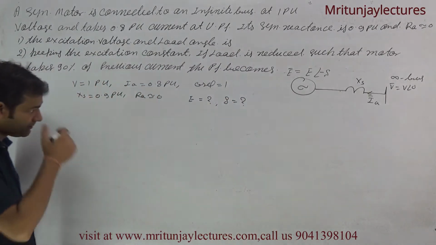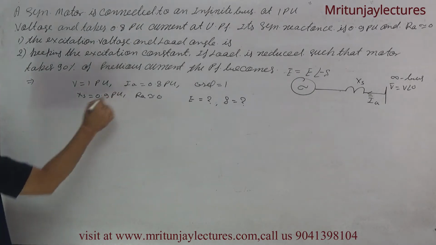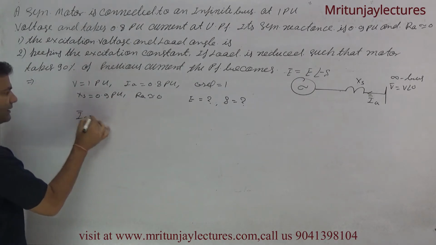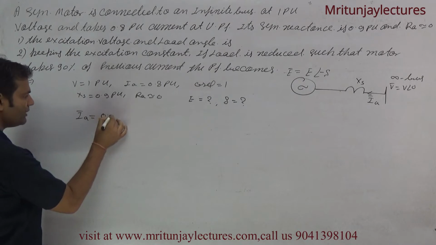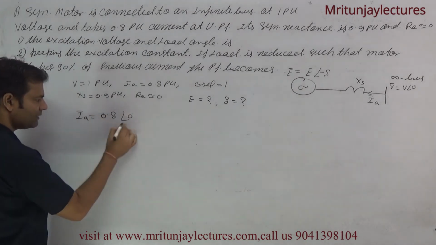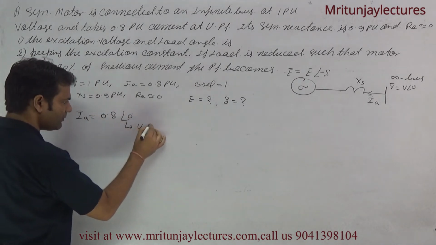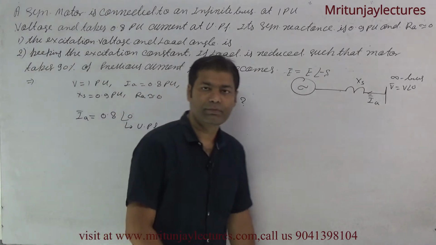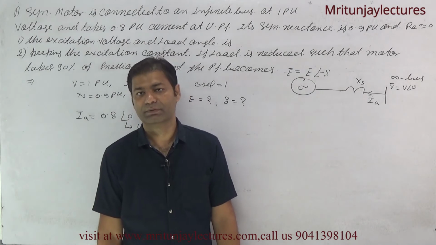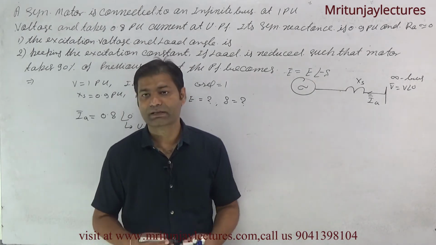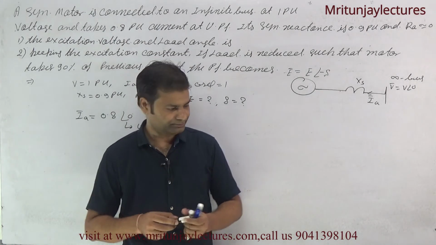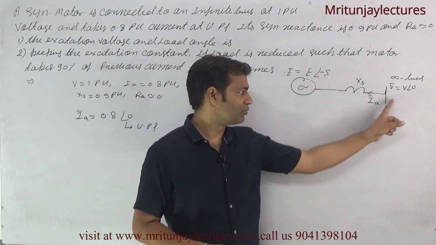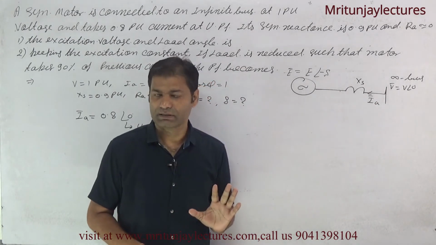First of all, Ia is written as 0.8 at the angle 0. Why? Because of UPF, the power factor is unity. The power factor angle is defined as the angle between the terminal voltage and the armature current Ia.